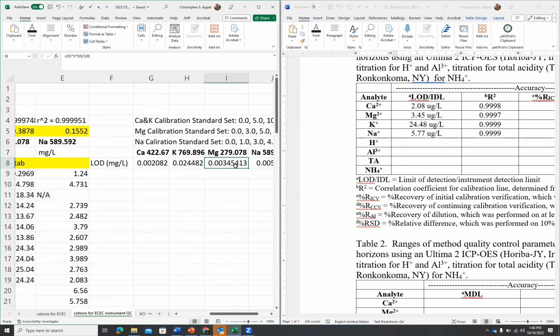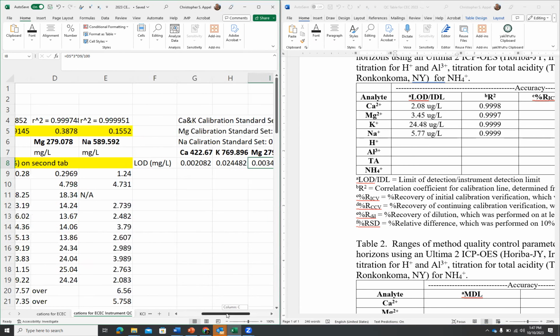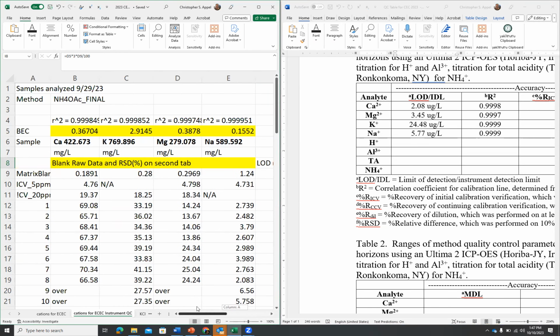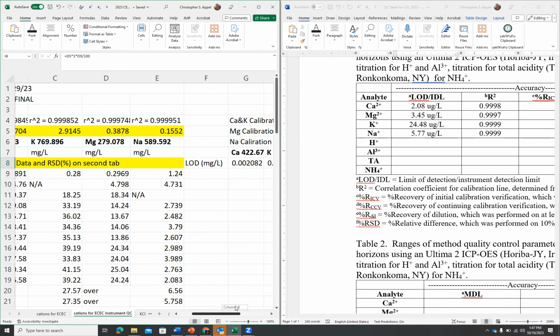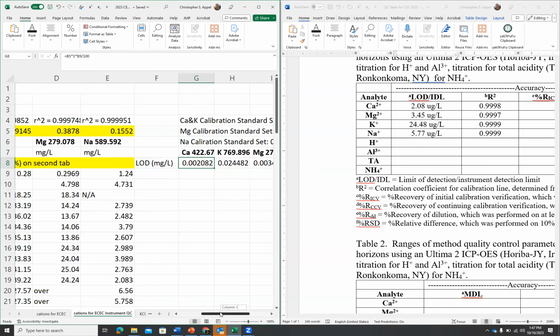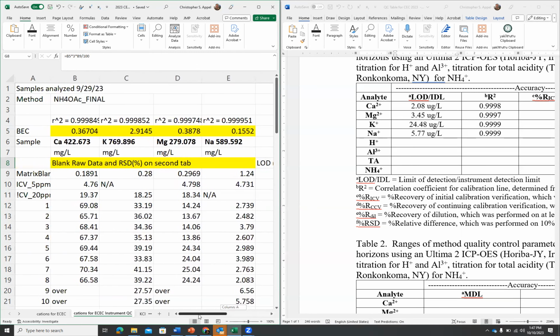So is your formula for that one D5 times 3 times D9? Oh, maybe that's my problem. I think that mine are incorrect. Let me do that again.